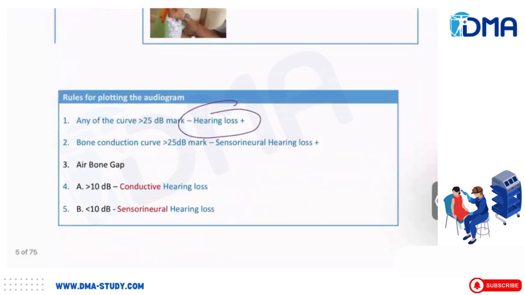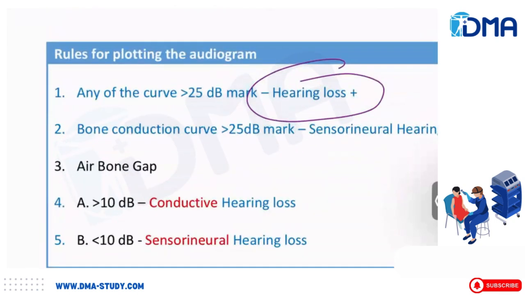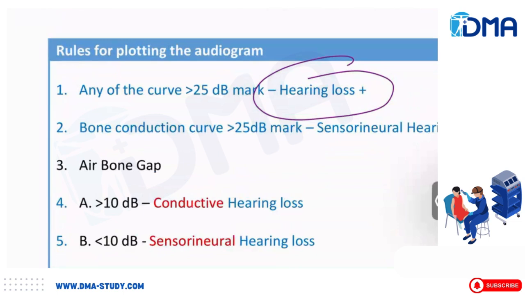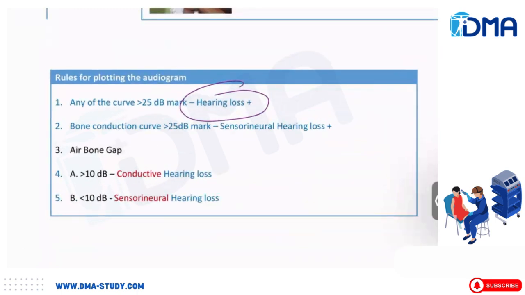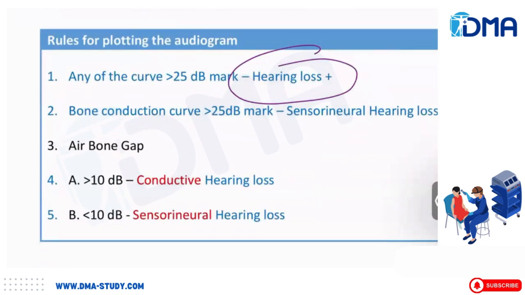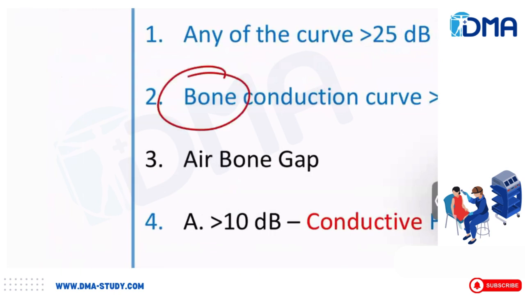Let me explain again. The first thing you have to know is any curve, whether it is more than 25 decibel or not. Point number 2, if only bone conduction curve, you have to look into the picture. How can you identify a bone conduction curve? It's very easy. If the lines are broken like this, it is bone conduction.